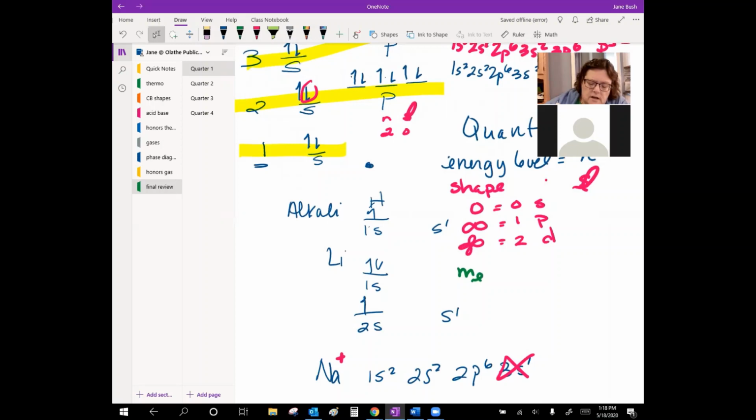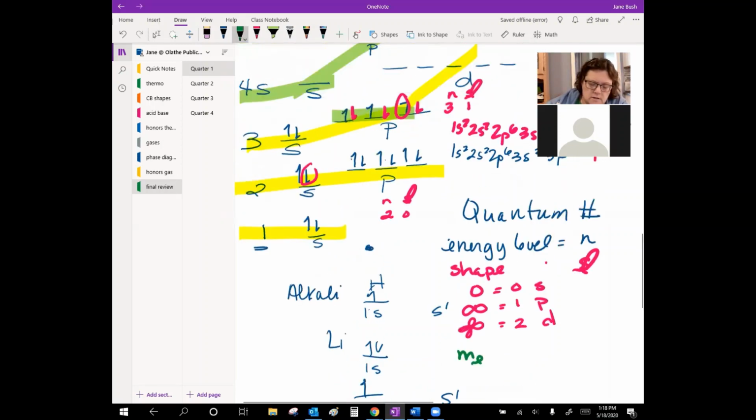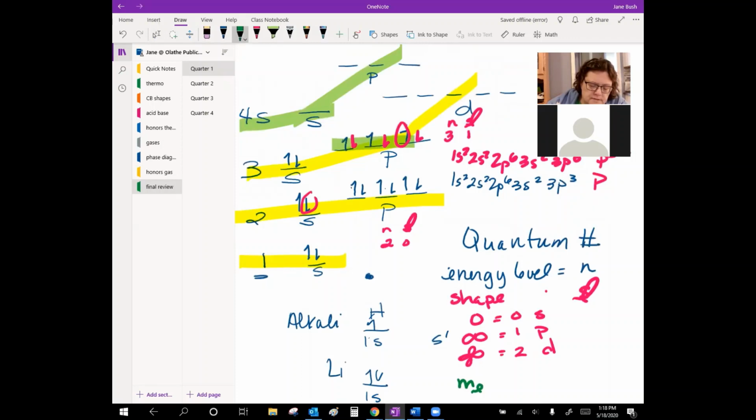So this is going to tell us which hotel room that electron's in. So let's go back to the first one we did. This guy here, he's in the S hotel room. There's only 1. So his ML number is also 0. This guy that we did, he's in the 3rd orbital. We call the first one -1, the second one 0, the 3rd one +1.